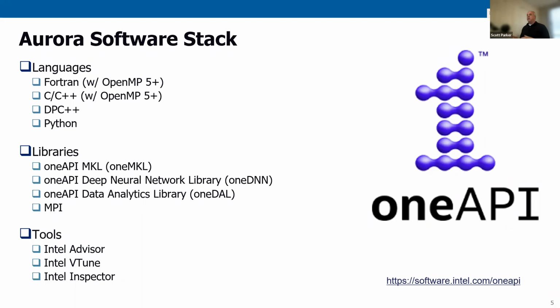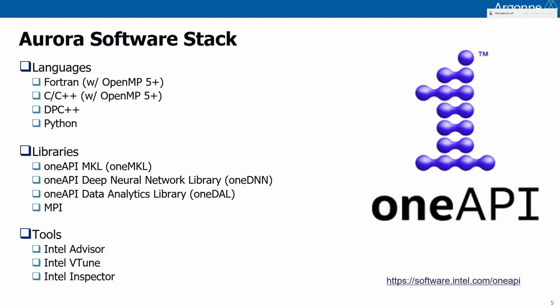It's sort of derivative of Intel's long-standing software environment with a few additions. So we have the OpenMP 5 implementation for GPU offloading that will be available on Aurora and accessible through both Fortran and C++, and then the DPC++, which is Intel's SYCL implementation, along with Python.